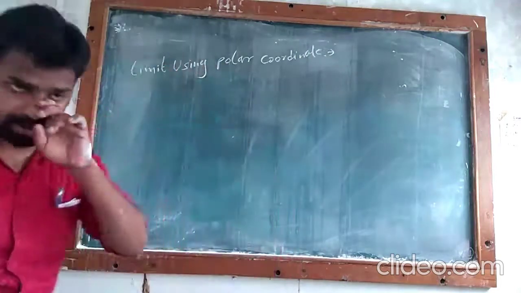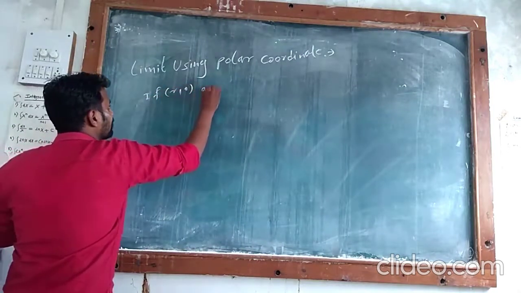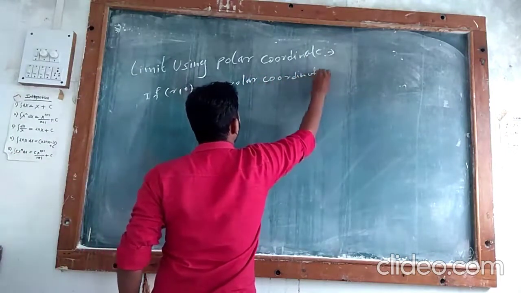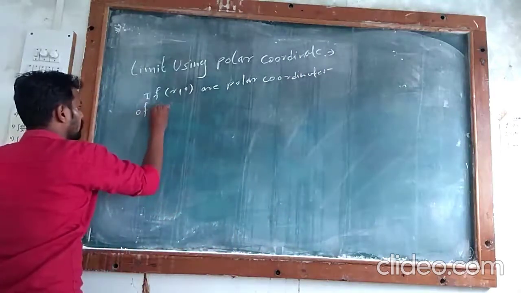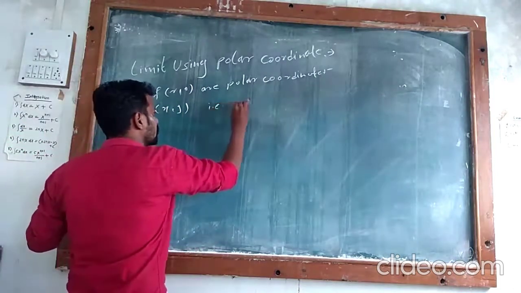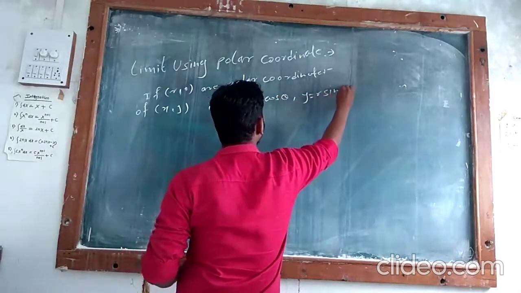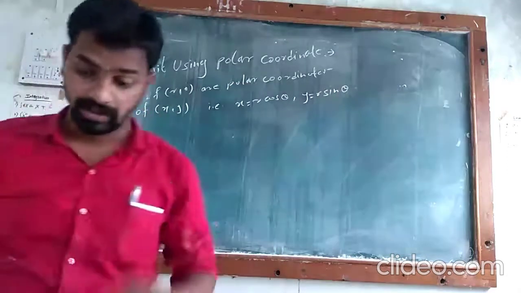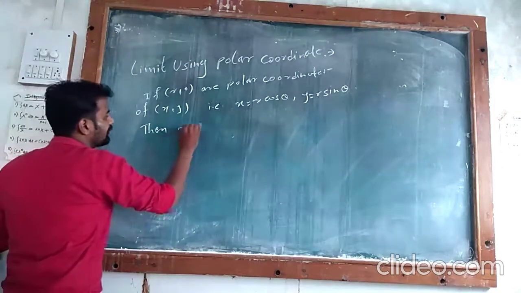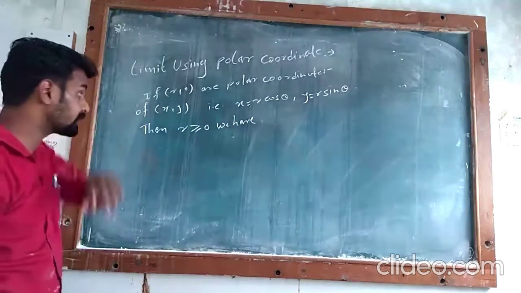For limits using polar coordinates, we have: if r, theta are polar coordinates of the ordered pair (x, y), that is x is equal to r cos theta and y is equal to r sin theta, then r is greater than or equal to 0, because r is the radius of a circle.